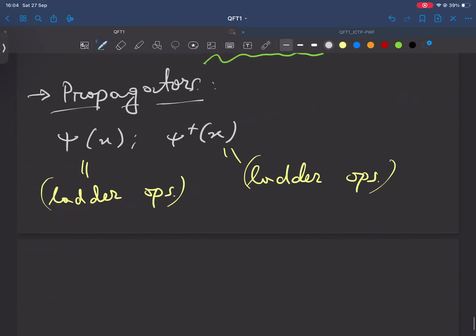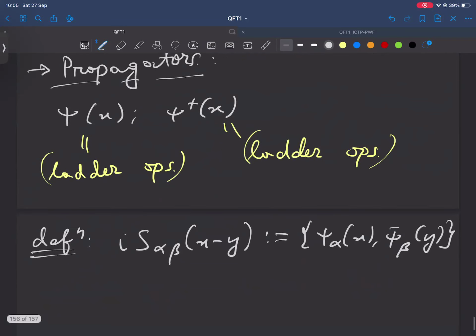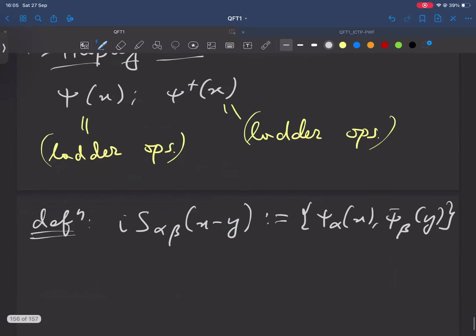If you take them and define a quantity, so this is a definition, the fermion propagator, I will define in this way: psi alpha x, psi beta bar y, and instead of the commutator, we will have the anti-commutator here. And that's what my spinor propagator will be.